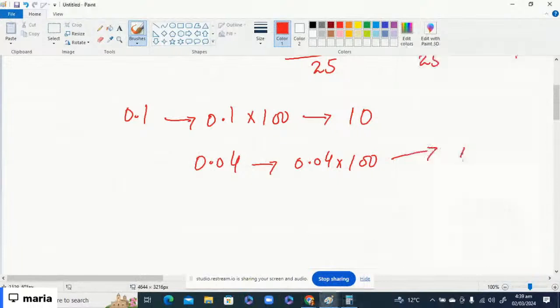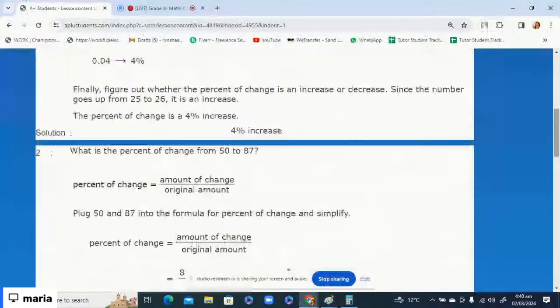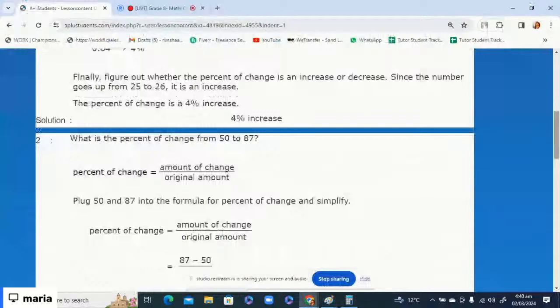This is 4. So it's a 4% increase. As we know, figure out whether the percent of change is an increase or decrease. Since the number goes up from 25 to 26, it is an increase.